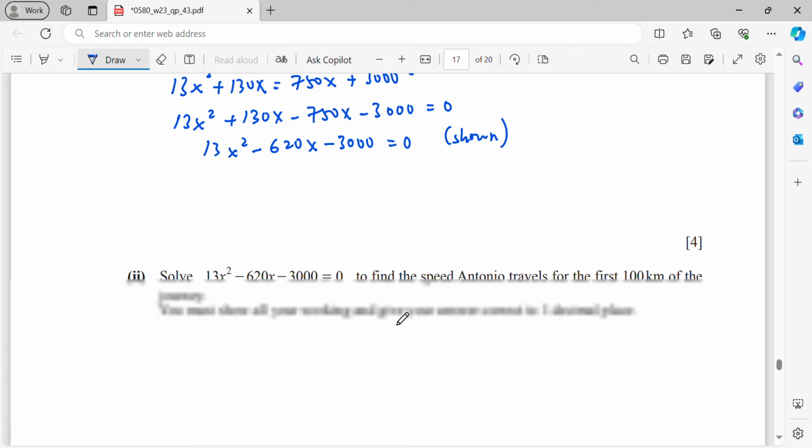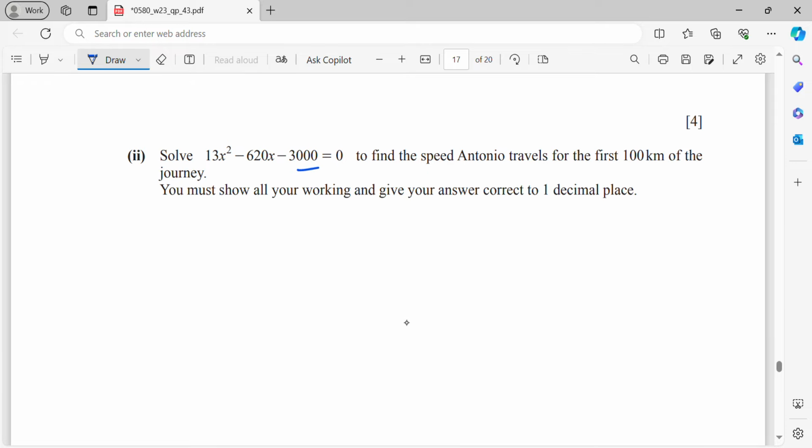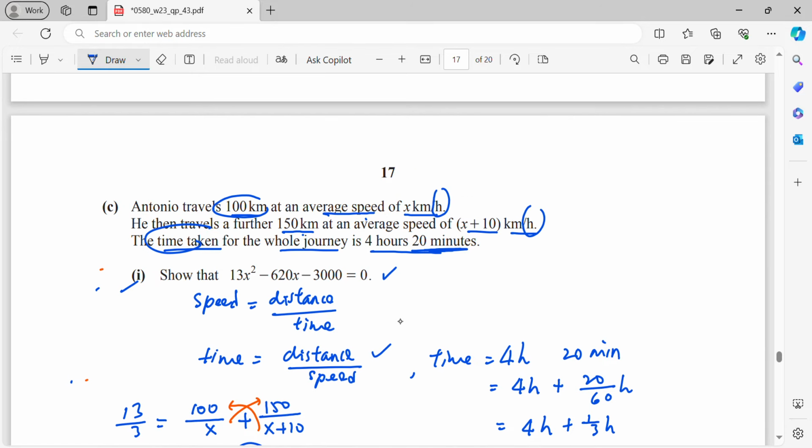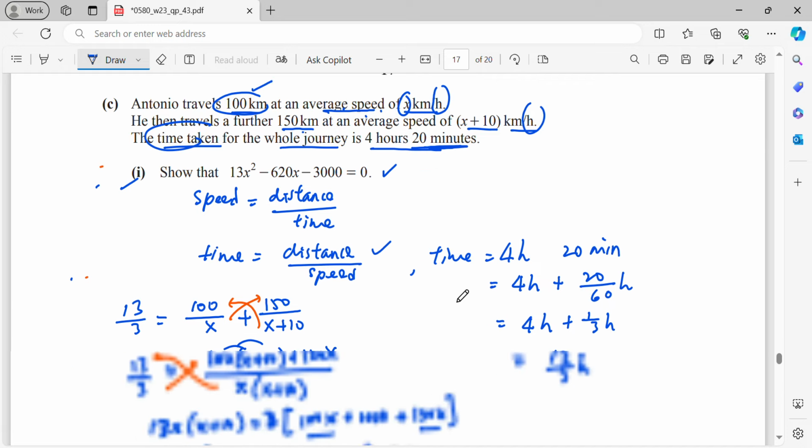Right? Now, for the second part, solve this to find the speed traversed for the first 100 kilometers of the journey. You must show all your working and give your answer correct to one decimal place. Basically, for the first 100 kilometers, the speed is x. That means you just need to solve for the x value.